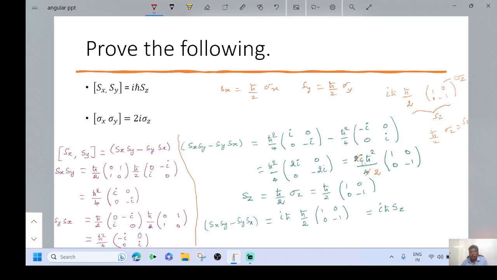If you simplify, we get i h cross squared by 2. This is modified as h cross by 2 into i h cross into this value. We know that Sz equals h cross by 2 into sigma z, equals h cross by 2 into 1, 0, 0, minus 1. So h cross by 2 into this much is Sz. Then take i h cross outside, so the total result is i h cross Sz. In this way, we may prove the second condition also.